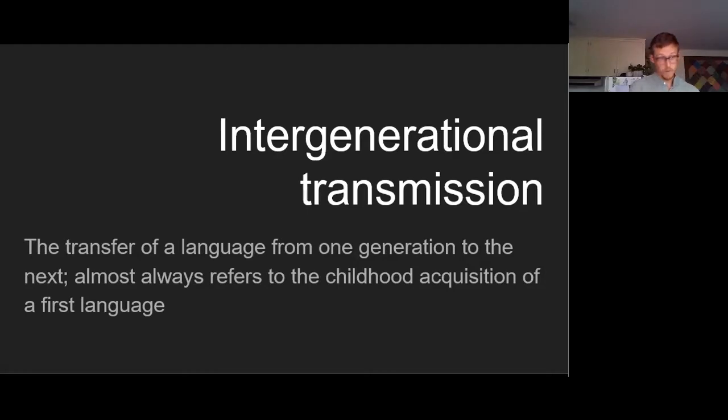That is a break in intergenerational transmission, right? Anytime that the language of the parents is not transmitted to their children, that's a break in intergenerational transmission. And the reason that it's relevant for language endangerment is that there is an accumulation of individual breaks in intergenerational transmission that is widespread throughout the community, right?